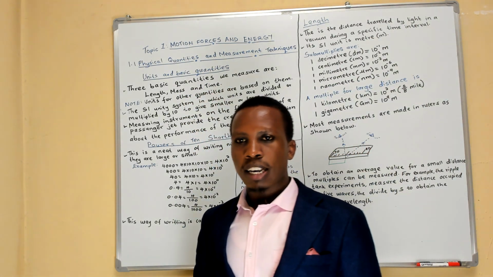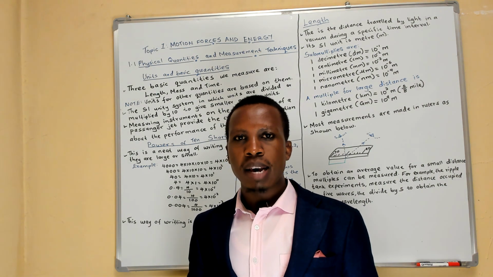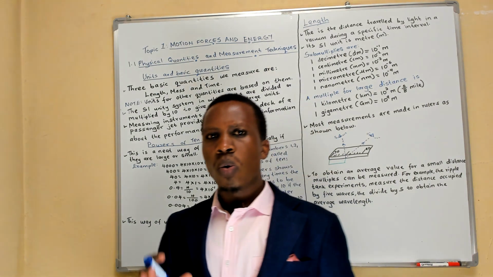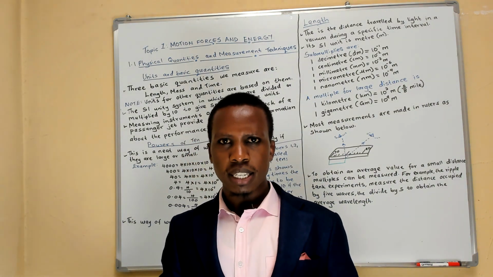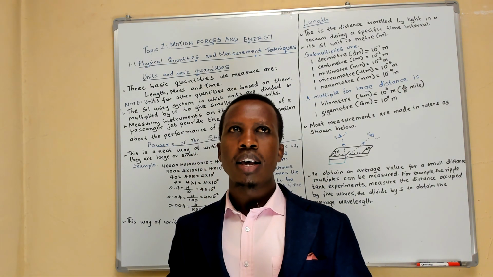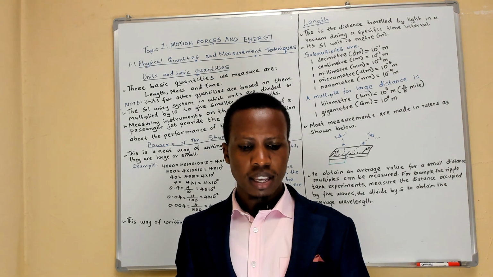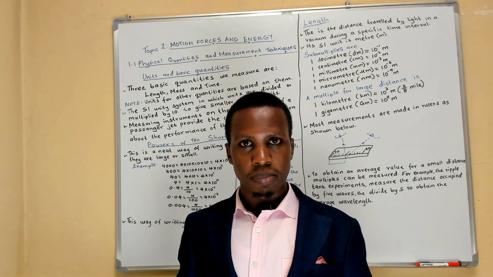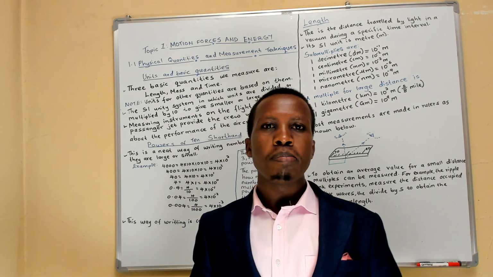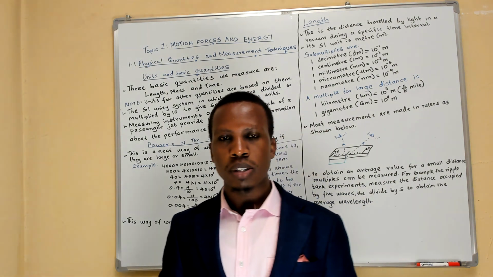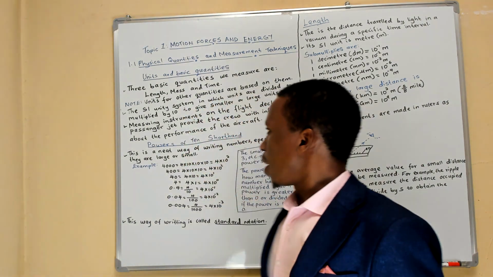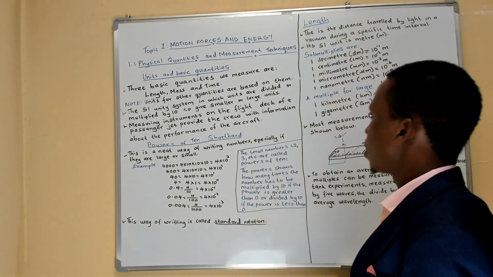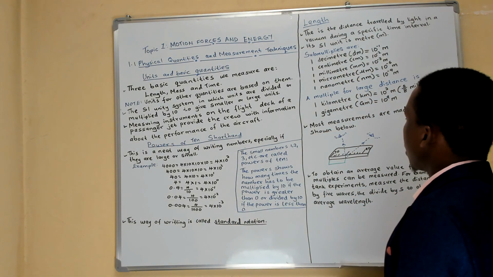Under this subtopic, you should be able to understand that in physics, we are more focused on length, mass, and time. These are the main basic quantities that we are going to talk about in this tutorial. Then we'll go about the powers of 10 shorthands.